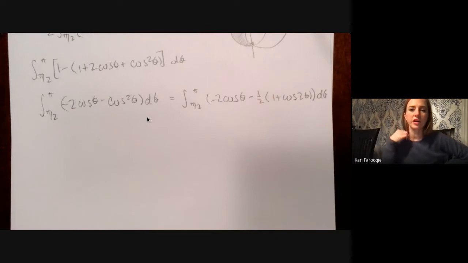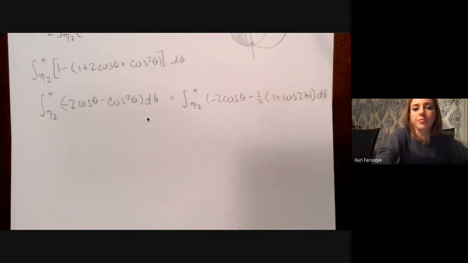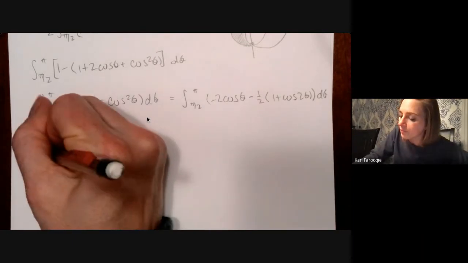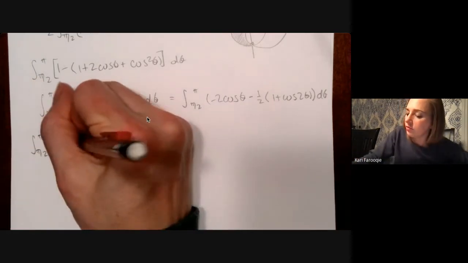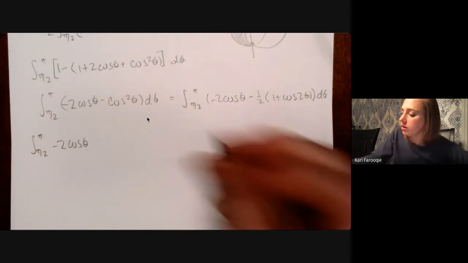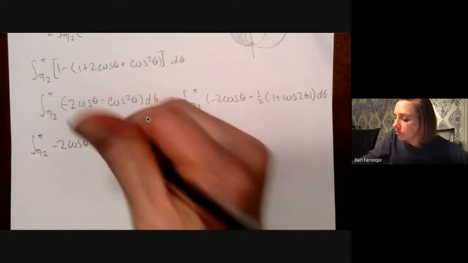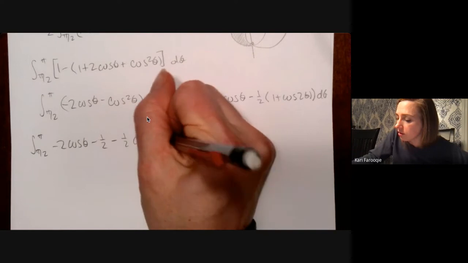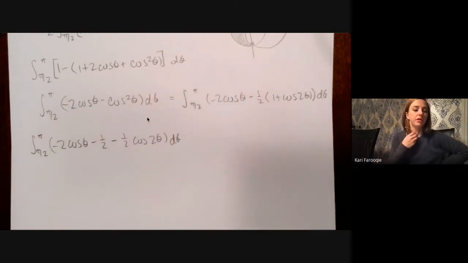I'm going to simplify that in the next line. Okay, so we have negative 2 cosine theta minus 1/2 minus 1/2 cosine 2 theta d theta.